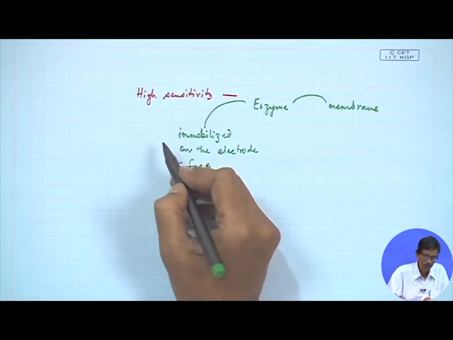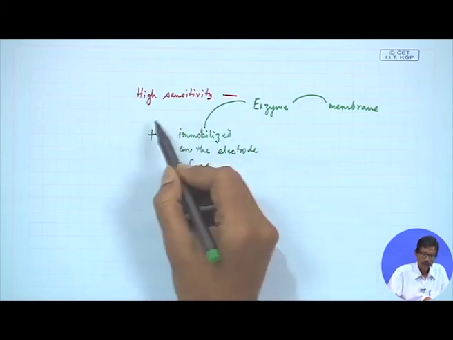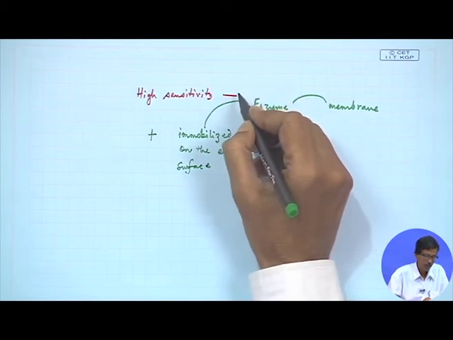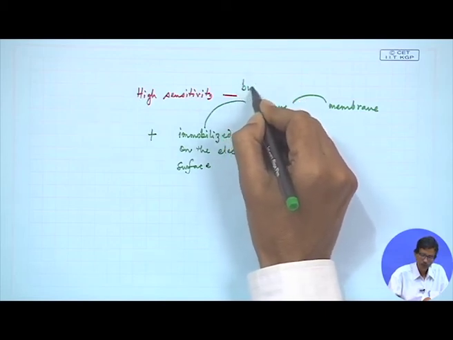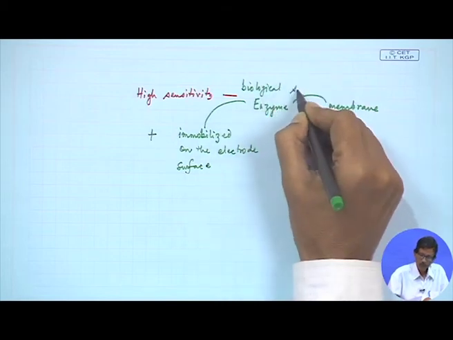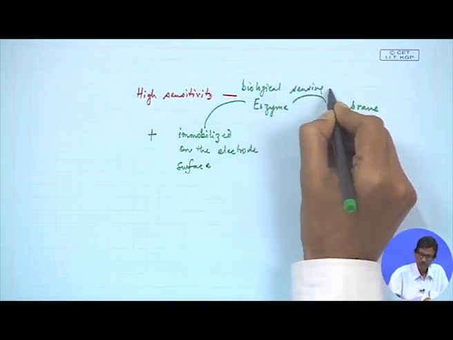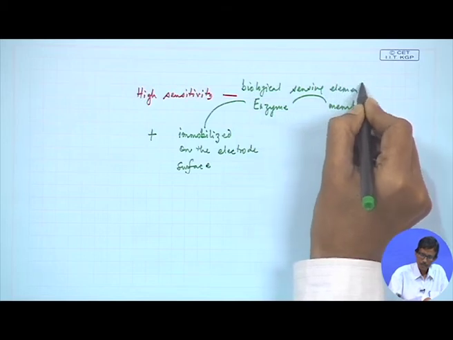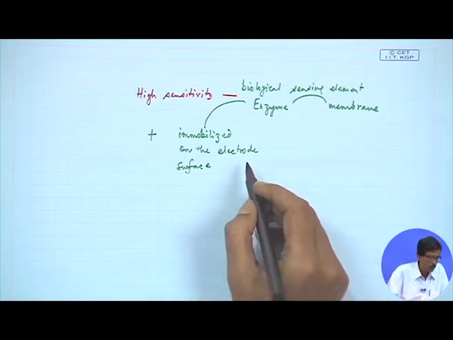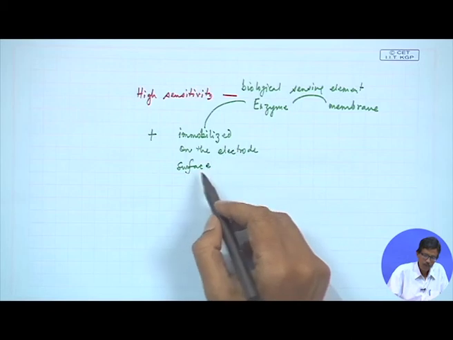So, you have the question of how we can measure this sensitivity. This high sensitivity we can achieve by putting in a biological sensing element. That biological sensing element is important to know, which can sense the biological molecules. It can be immobilized on the electrode surface.